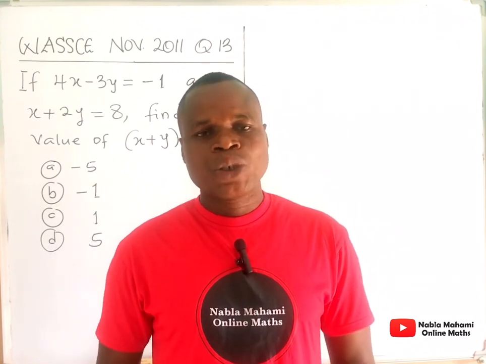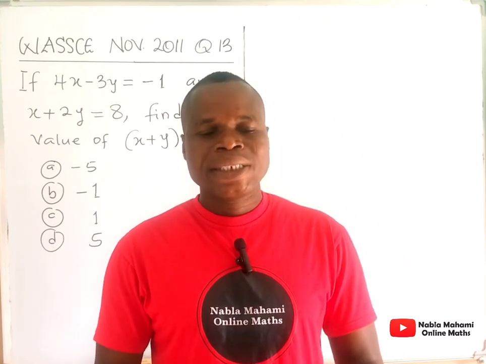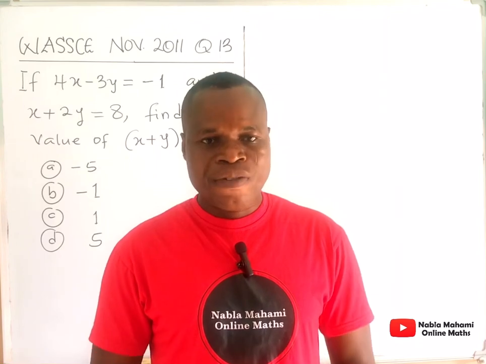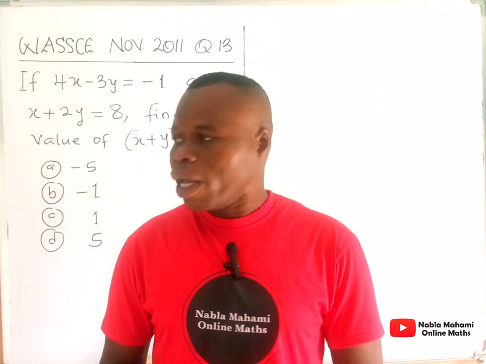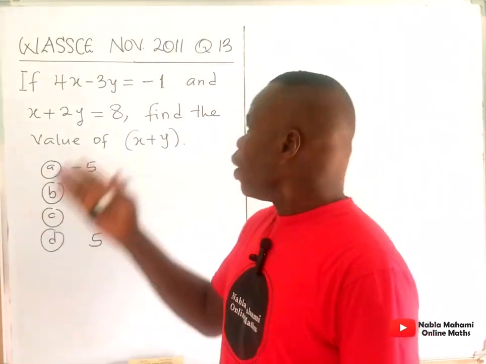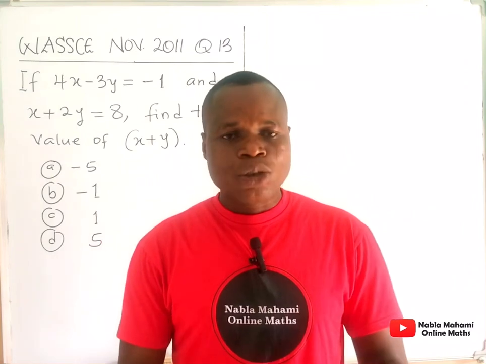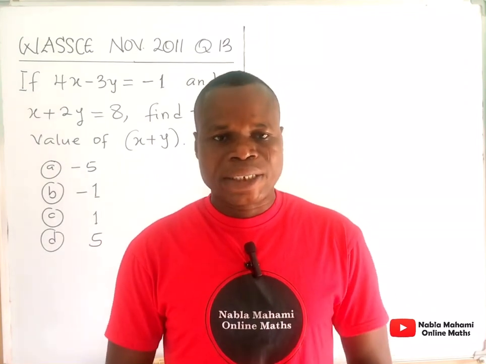And the last question that we solved was June 2013, question 45. And I'm going to use the same trick to solve the example on the board. And that example is November 2011, question 13. So I'm going to use the same trick and we solve this one within 10 to 15 seconds.